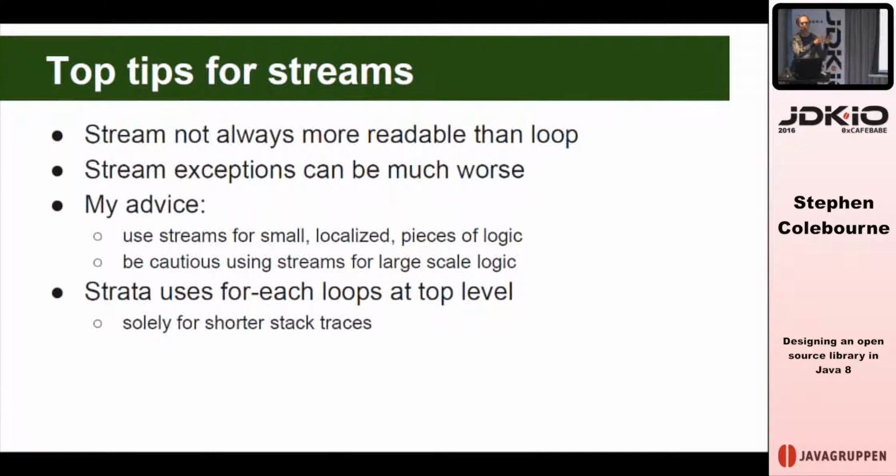But where we're doing the top level processing, we tend to prefer for each loops, even if that's a bit more hassle, because we want to have nice stack traces. So within Strata, you have to loop around all the trades to calculate the numbers that you care about. Because that's a top-level loop, we write it as a for each loop rather than as a stream.